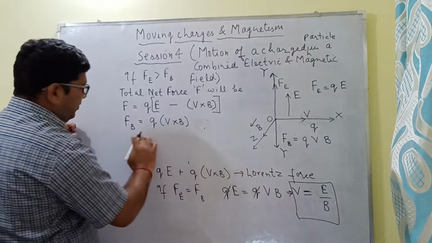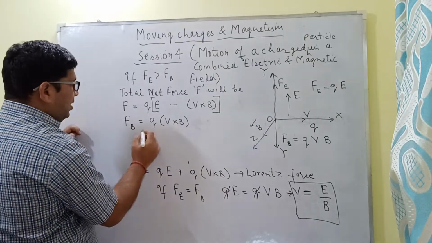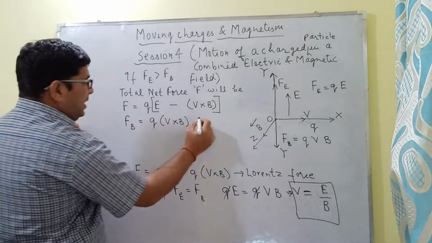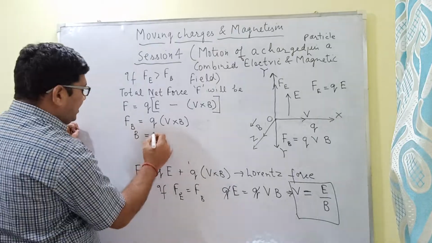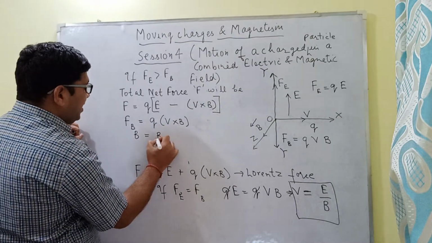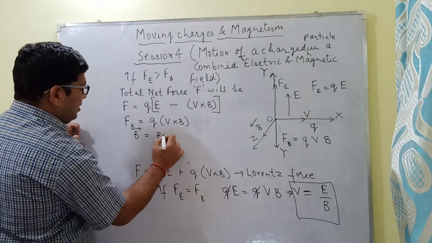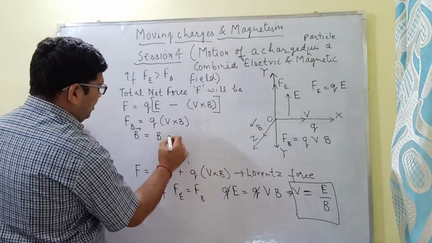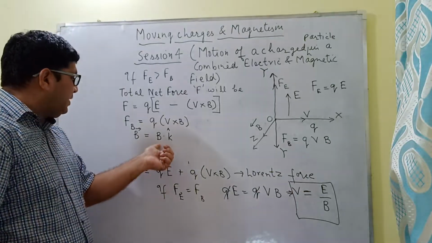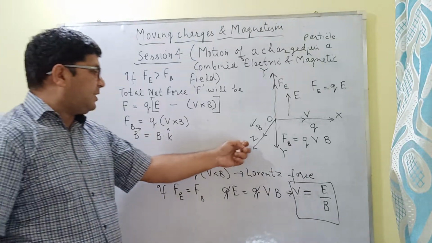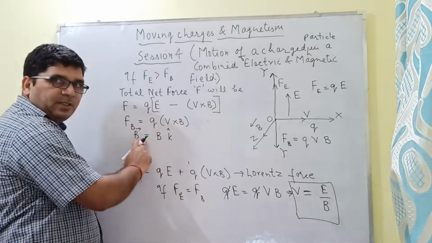FB is equal to Q multiplied by the vector product of V and B. Now the magnetic field B can also be written in the vector form. I can write this B is equal to B into K cap. This is the magnitude of the magnetic field, and K is the unit vector along the z-axis. That is, basically this K is giving you the direction of this magnetic field.